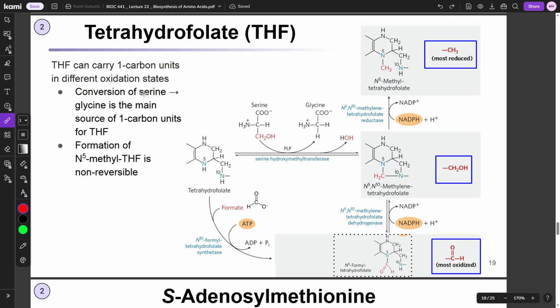Conversion of serine to glycine: remember I talked about how that one carbon disappears from serine? It's not that it disappears to make glycine, it's that the carbon unit is put into THF to form this N5-methyl THF. And this reaction is non-reversible, so you can't reverse this reaction once it's made.